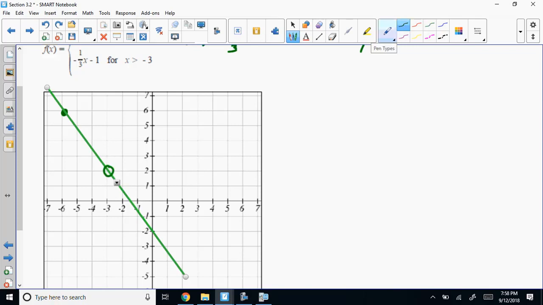So I've graphed it, right? It's not going to exist right there, is it? Why? Because it stops at -3, right?